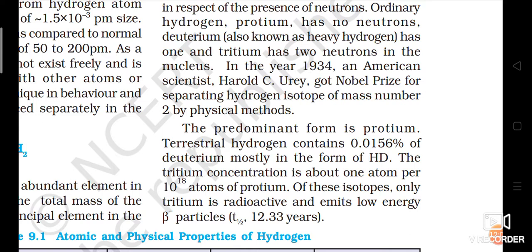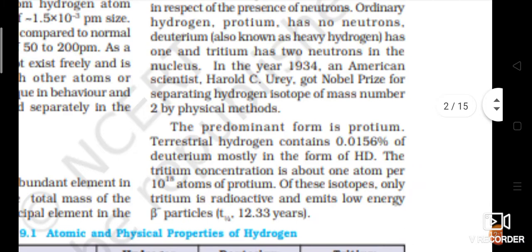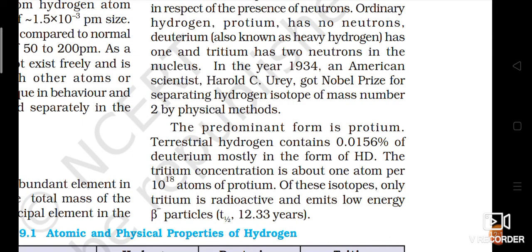And protium is 99.984%. See, they have not given it here, but you can note it down somewhere on the side. Protium is 99.984% abundance, deuterium is 0.0156% abundance, and tritium is 1 in 10 to the power 18.